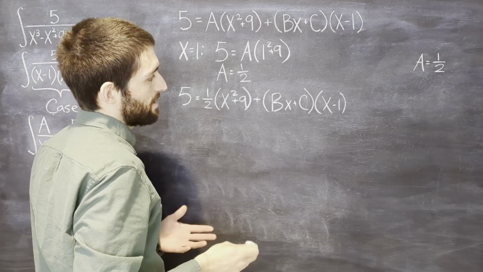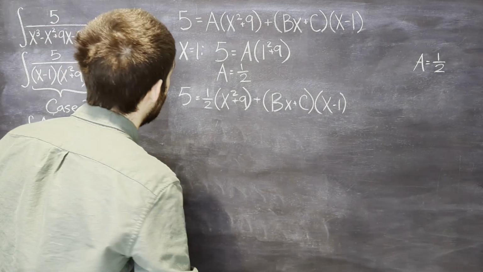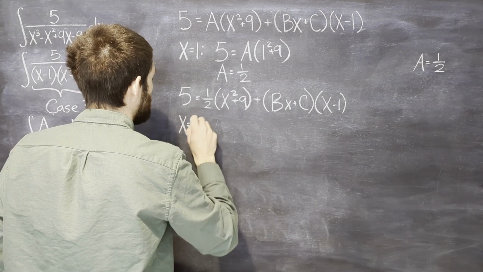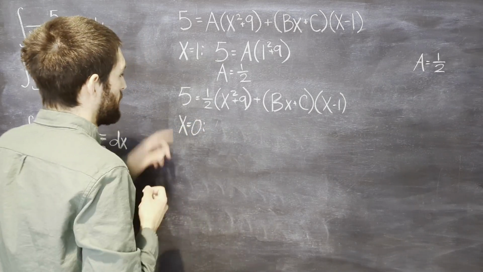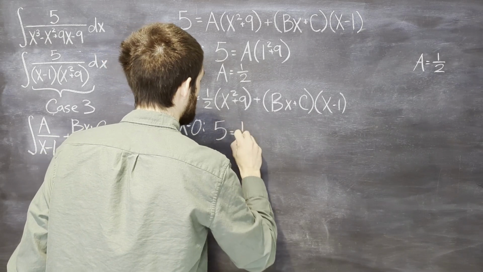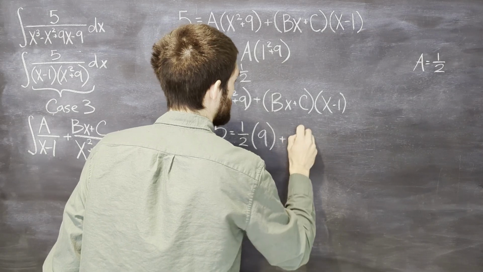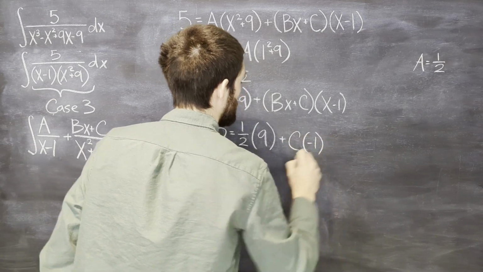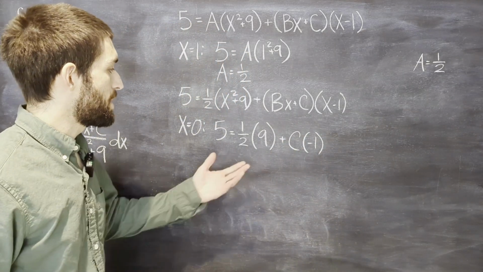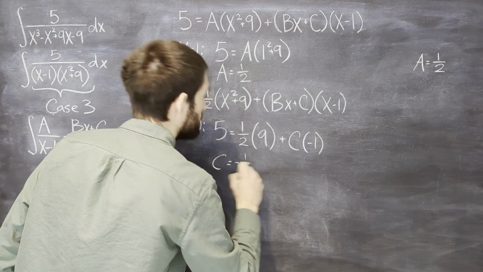So if we let x equal 0, it will cancel out b, leaving us with just c to solve for. If x equals 0, the left side stays the same, which is 5. The right side becomes 1/2 times 9 plus c times negative 1. Solving for c gives us c equals negative 1/2.